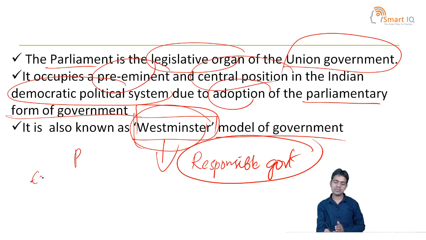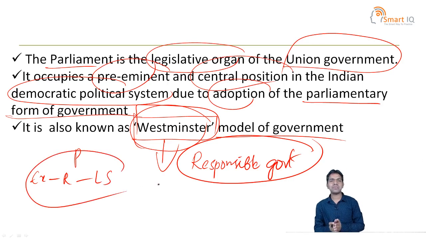There is cooperation and collaboration between the legislature and the executive, and that is why it is a responsible government. It is also called the British parliamentary system, and the Western model of government. So it is a very important topic for both your mains as well as preliminary examination.